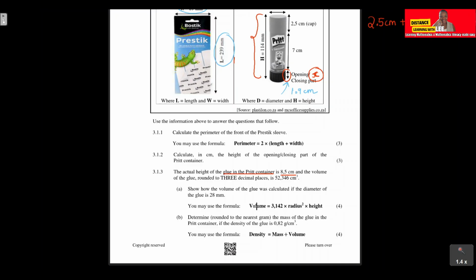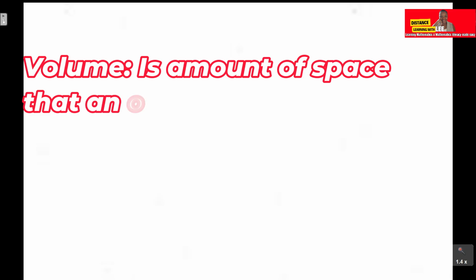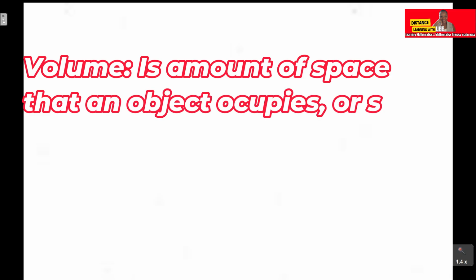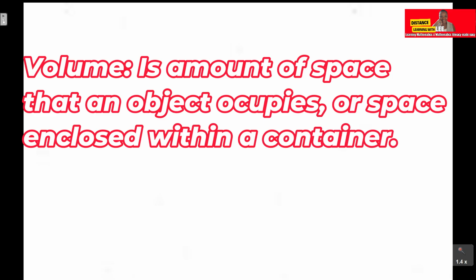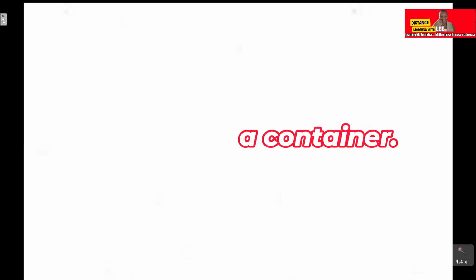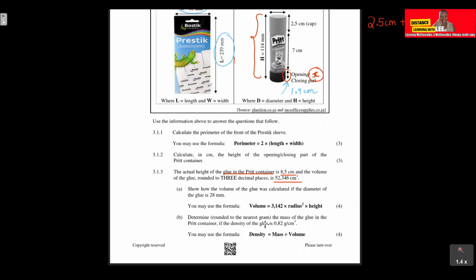We're also told that the volume of the glue, remember, volume tells us how much something can hold. So this Pret container can hold a volume of glue that is 52.346 centimeters cubed. This is rounded off to 3 decimal places.